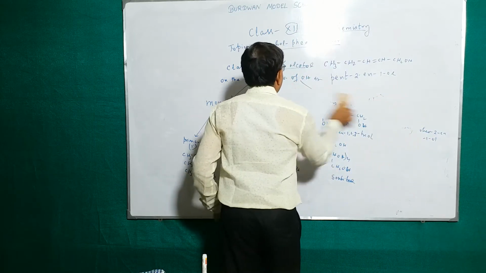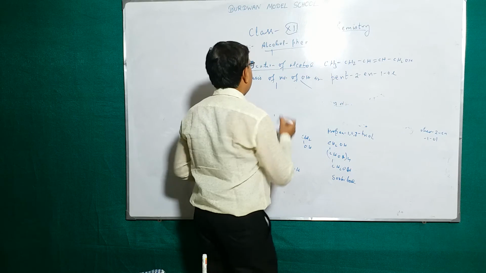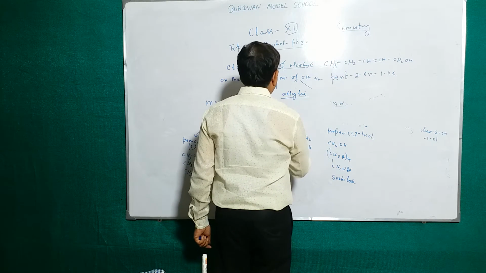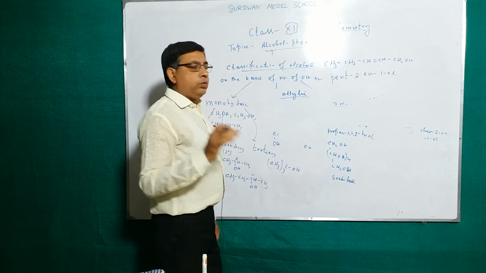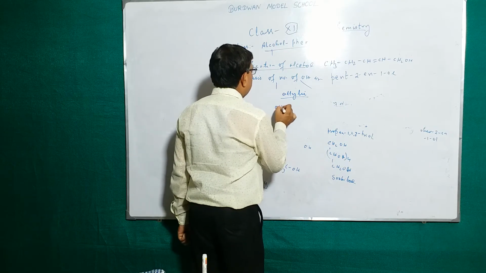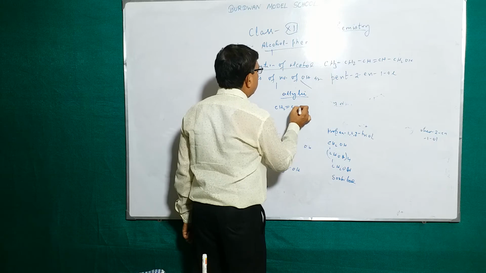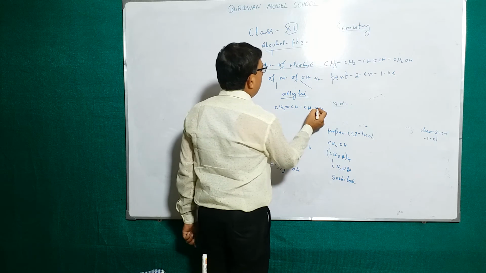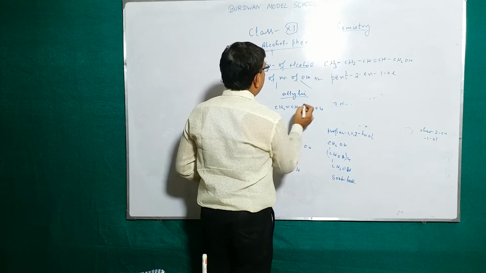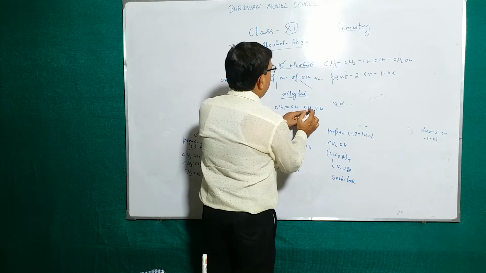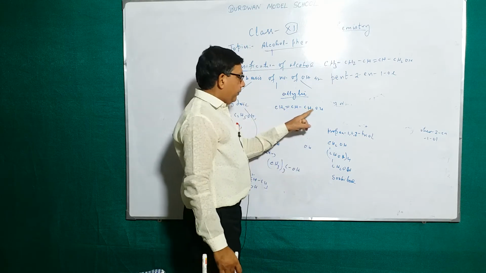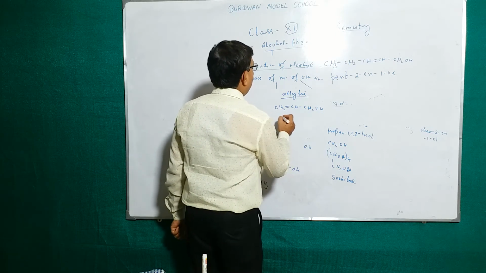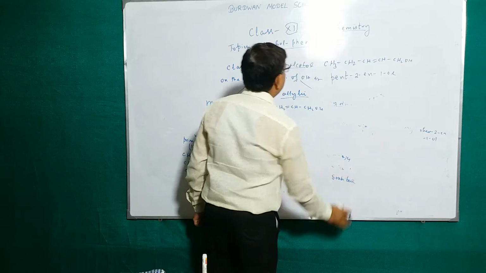Another classification is allylic alcohol. What is allylic alcohol? If the OH group is attached to the allylic carbon atom, say CH2=CH-CH2OH, the carbon bearing the alcohol is attached to the allylic carbon, meaning the carbon next to a carbon-carbon double bond. Here the OH group is attached to this carbon, so this is called allylic alcohol. Allylic alcohol may again be 3 types.